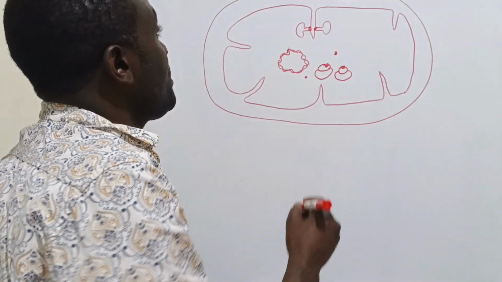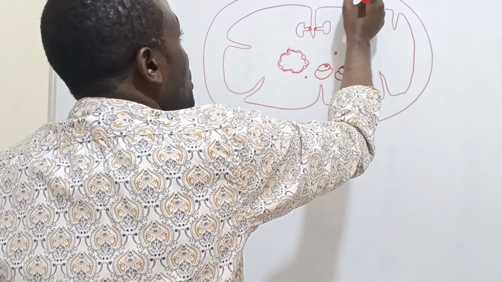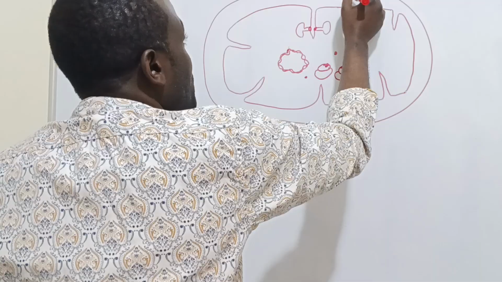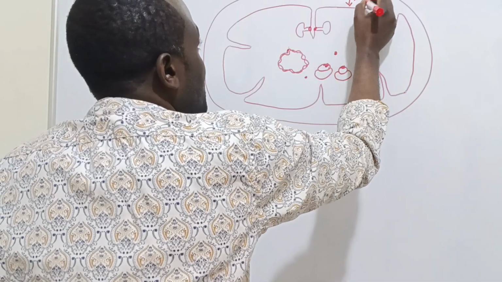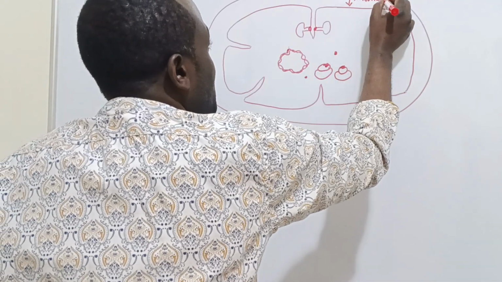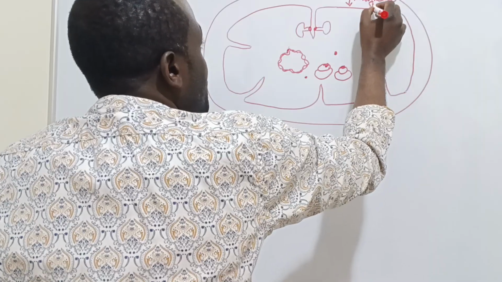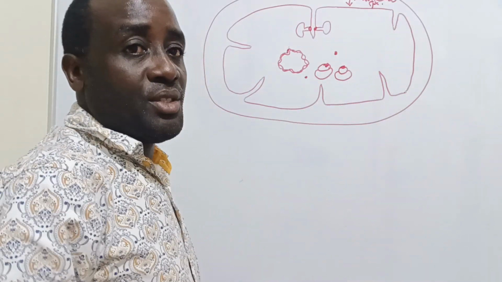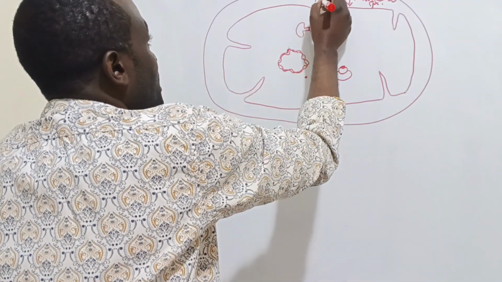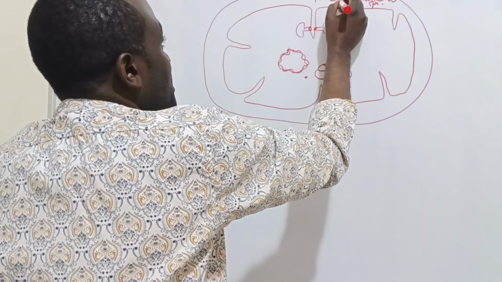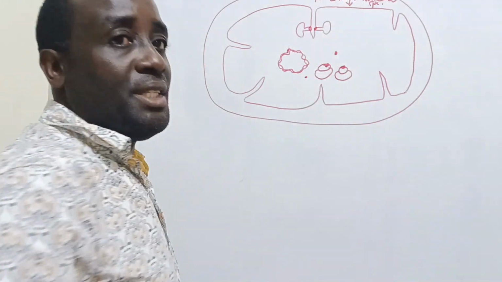Here we have the intermembrane space. This intermembrane space is about 10 to 20 nanometers wide.